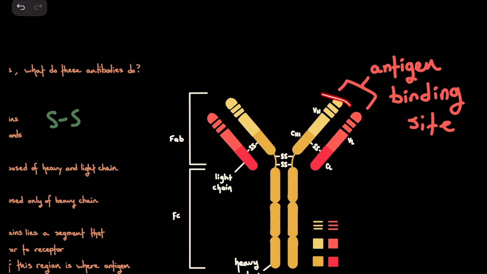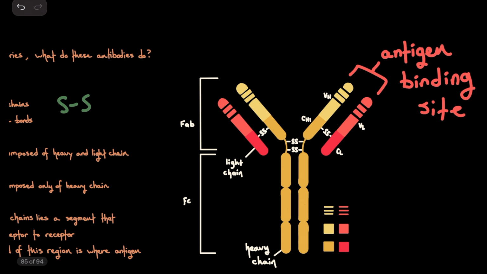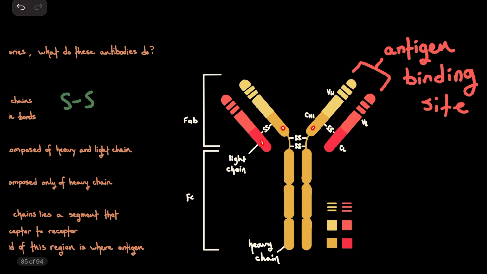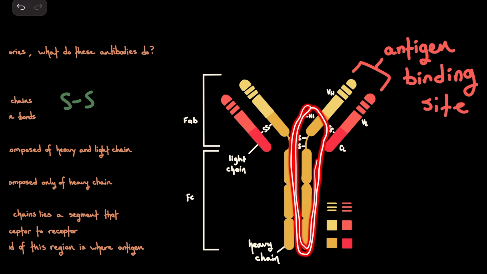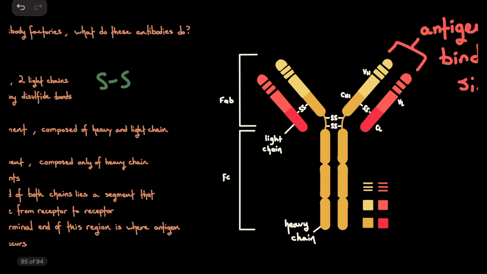So we play Wheel of Fortune with the DNA that makes up my variable light chain and my variable heavy. Down here, this is constant light chain, constant heavy, and all of this is constant heavy. You can have 3 sections or 4 sections depending on the antibody. I'm not concerned with that though, just to be nitpicky.